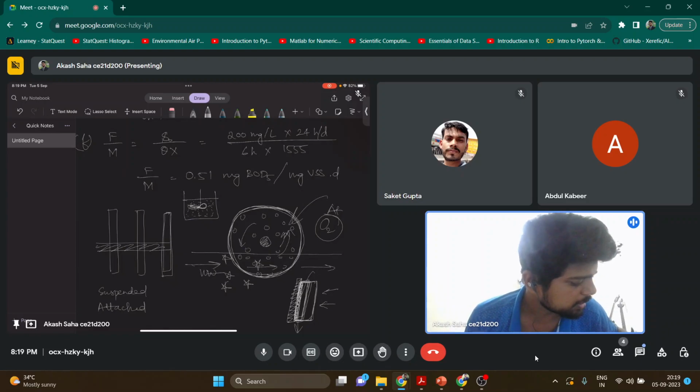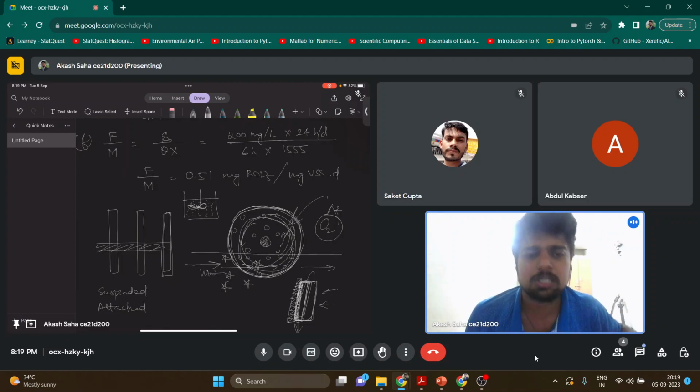The organics come in contact with the shaft, and then it moves in a circular motion, so it gets in contact with the oxygen. With the help of oxygen, the microorganisms degrade the organics. Like that, many shafts are there in parallel, and there are also many discs. In this way, you can increase your efficiency.